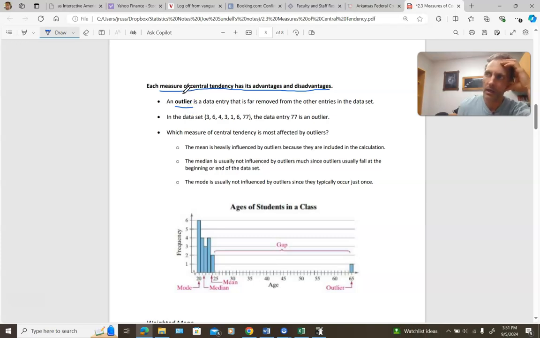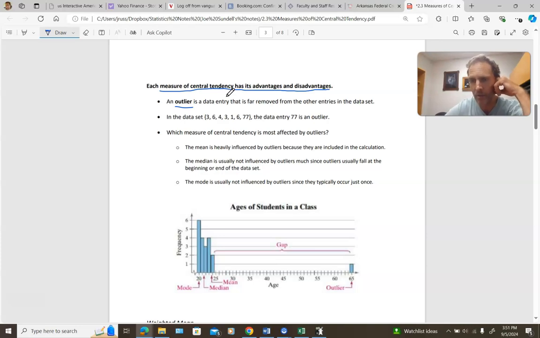As the name suggests, an outlier, guys, is a data entry that's far removed from the rest of the data. For example, let's say we were measuring how tall all the students in this class are. Well, if there's somebody in this class that's 7 feet tall, that would be an outlier.